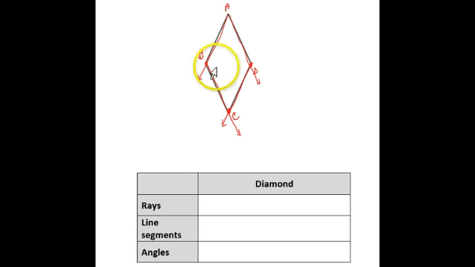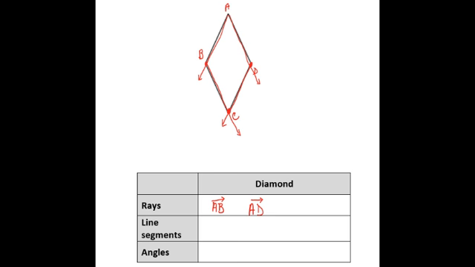So to name a ray, I could start with the ray that went from point A through point B. So I would call it AB, and the symbol would have a little arrow above the B because the ray goes through point B and the arrow's on the side by the B. Another ray would be considered AD, so I would write AD, and again we'd make a little ray symbol above the AD to show that it starts at point A and runs through point D.